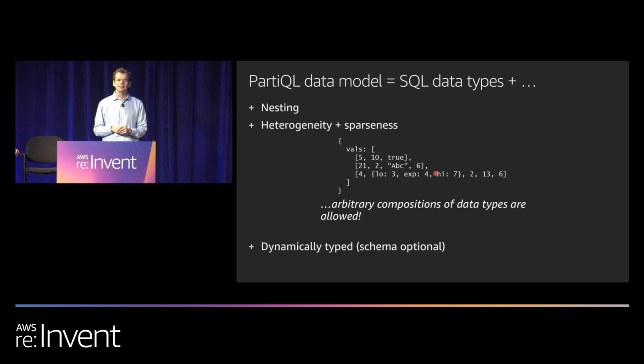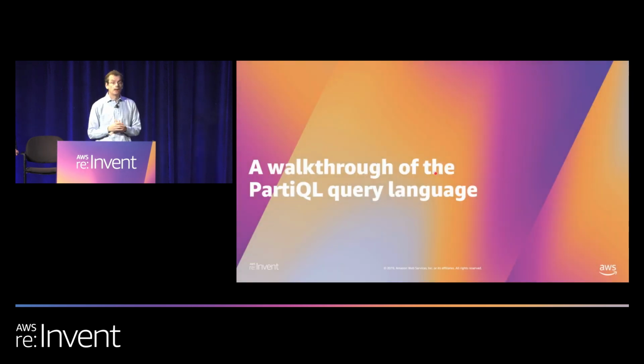So basically, any way you can compose with bags, arrays, and tuples in all possible ways that you can. And as we said, the schema is optional. And this concludes our data model presentation. So now let's go into a walkthrough of the Particle query language.